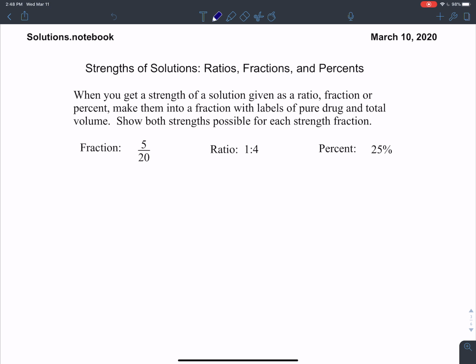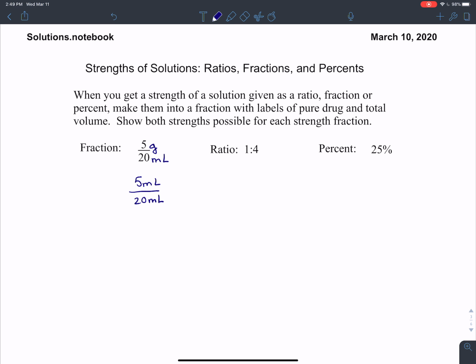So if we look at this, the fraction 5/20, if it was a solid, would be 5 grams over 20 milliliters. If it was a liquid drug, it would be 5 milliliters over 20 milliliters.